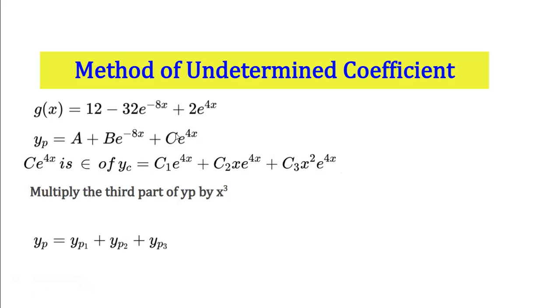Because if we multiply the third part of y of p by x cubed, it will change our entire particular solution. Because this part creates a problem for us. Because this part resembles this in y of c. So instead of multiplying by x squared, we'll still have this particular solution resemble this. So we multiply by x cubed. So multiplying by x cubed, we will come out to this. Now we can see that our particular solution is quite different from our complementary solution.